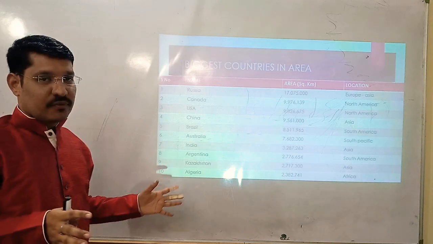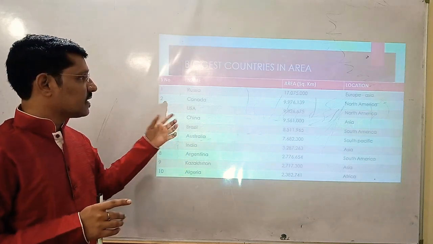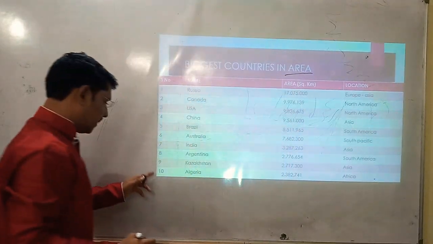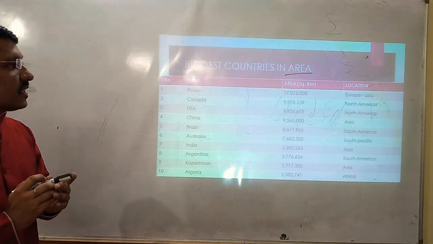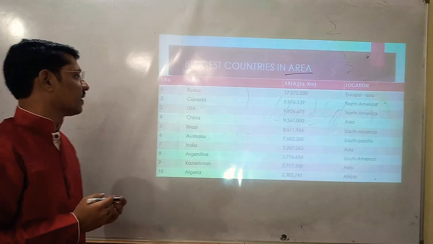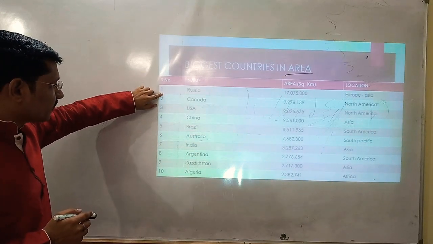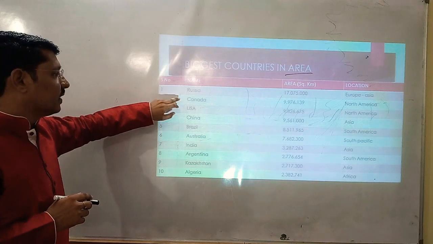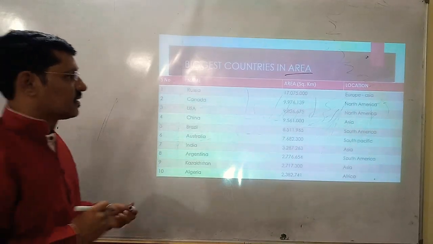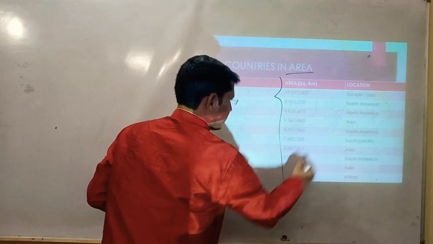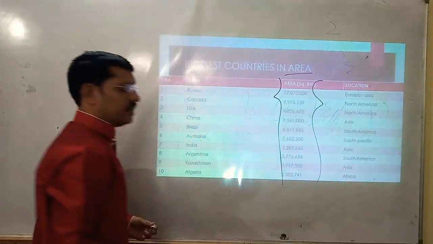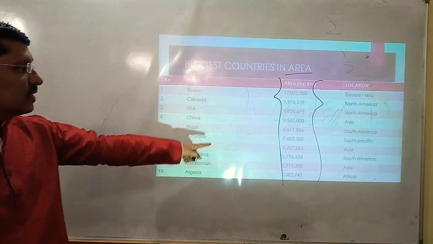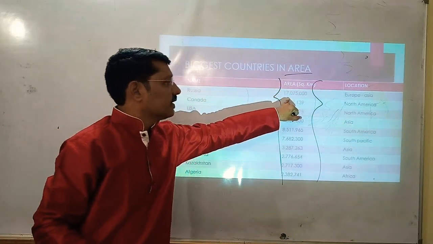In our globe, which is the biggest country area-wise, which is the first, which is the second, up to the top 10 biggest countries we will discuss here. First, the biggest country in our globe is Russia. These are all the area sizes. Better you pause this video and see the area size, how many square kilometers there are.